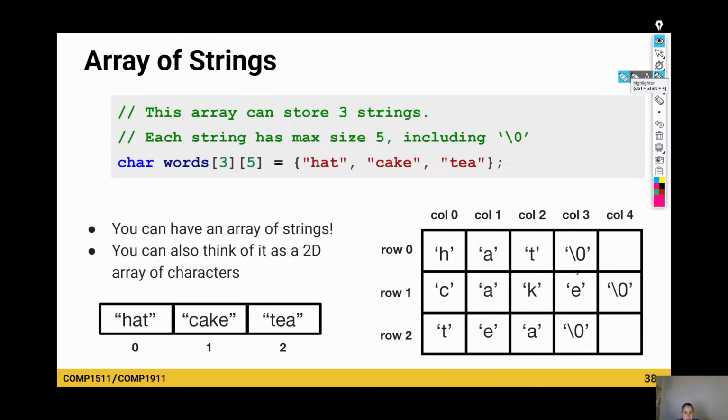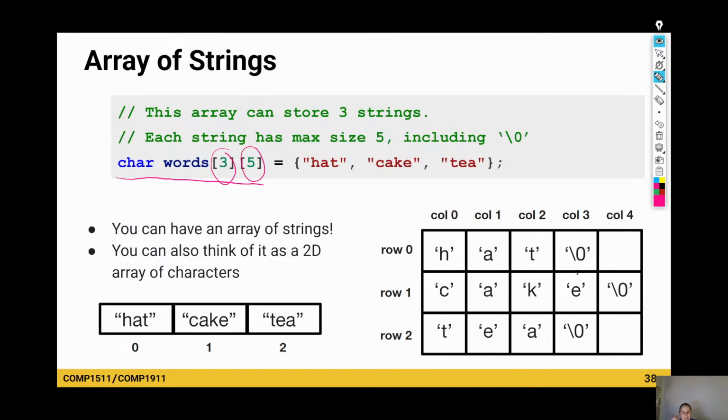So even before, someone was saying, how can I have an array of these strings? Well, here we go. We're going to do arrays of strings. One string is already an array. An array of strings is a two-dimensional array. So I can declare an array like this: char words[3][5]. This is going to allow us to have 3 rows and 5 columns.